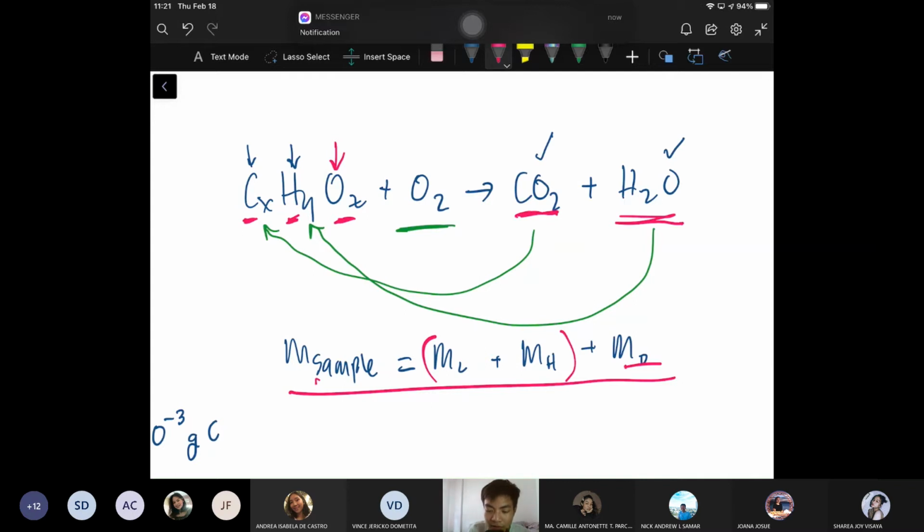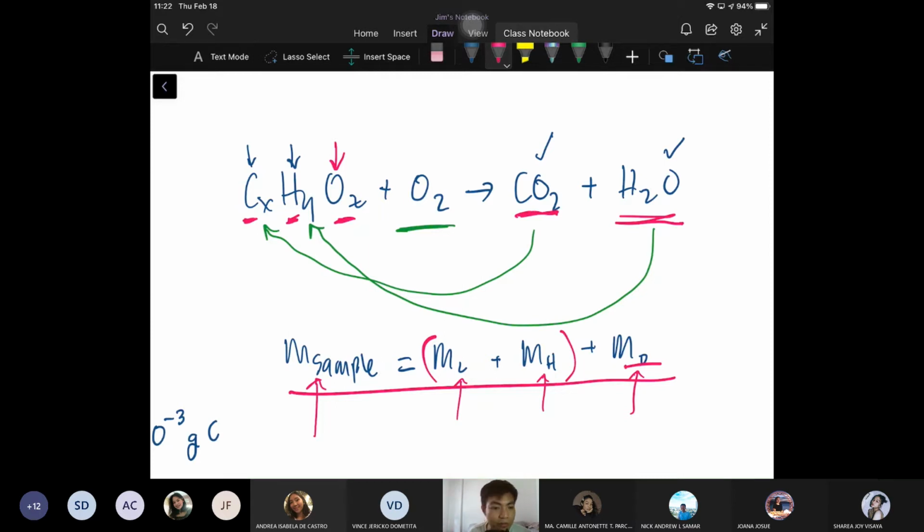Kasi kailangan pag pinag-add mo yung mass ng elements, that must be equal to the mass of your sample. Hindi pwedeng kulang na. Assuming na oxygen ngayon kasama niyan, no? Pwede kasing ibang atoms yung kasama niyan. Pwedeng nitrogen, no? Although, hindi masyadong common yun. Okay. For the sense of our quiz, no. Most likely ang ibibigay ko lang na question is yung carbon hydrogen, okay? Carbon and hydrogen lang.